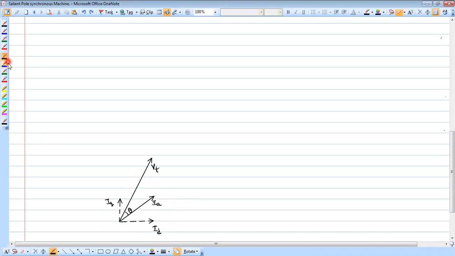So what are the drops we have? We know that we have the Ra drop, and we have the leakage reactance resolved into two here, Xld and Xlq. Similarly, the armature reaction reactances Xad and Xaq, along the direct axis and along the quadrature axis.